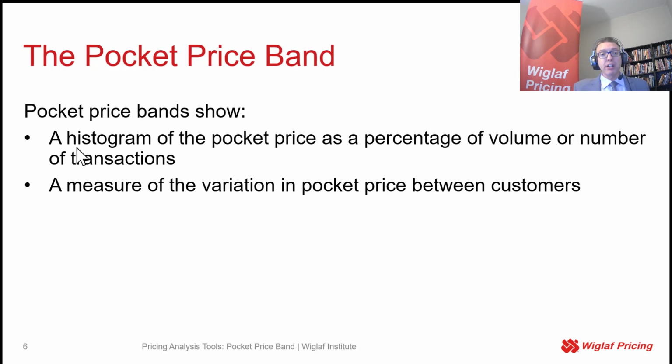For instance, the pocket revenue is what I generally weight my pocket price bands by. It helps show you exactly where the majority of your revenue is coming from. And ultimately, it does show you what type of variation you have between your customers within your data set.